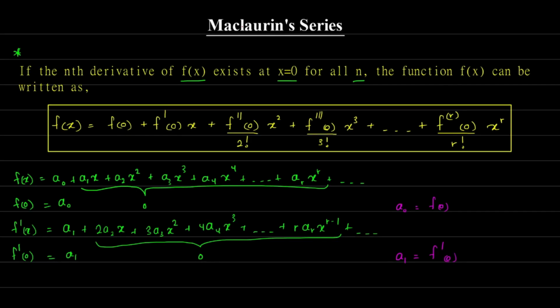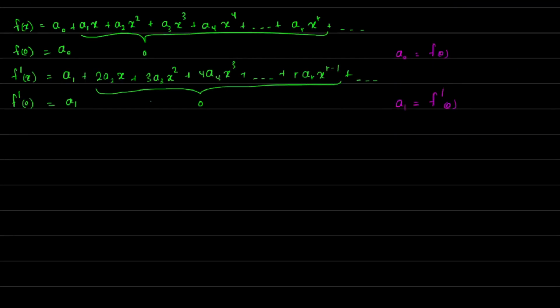Now just consider the second derivative. So that's going to be f''(x), which is going to be equal to 2 a2 plus 6 a3 x plus 12 a4 x squared plus, keeps going, r times (r minus 1) ar x^(r minus 2), and that can still keep on going.